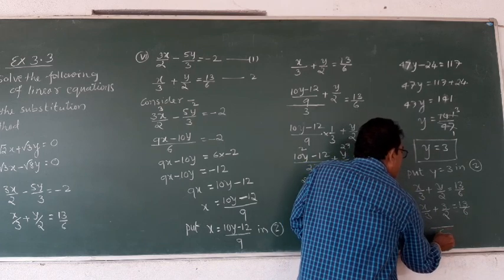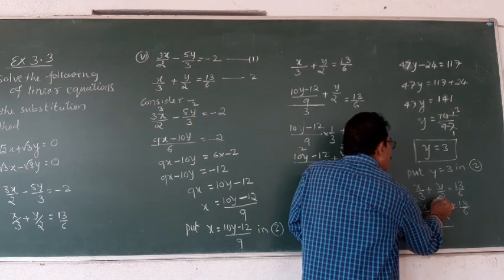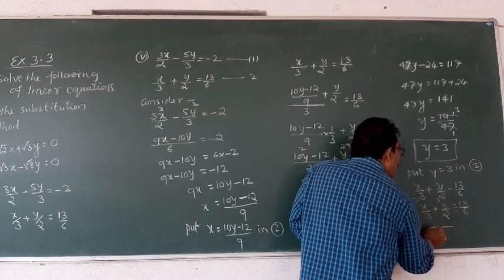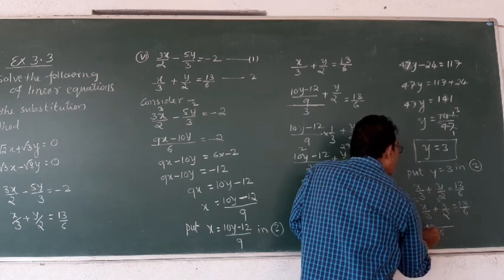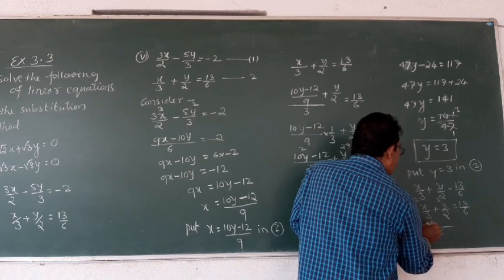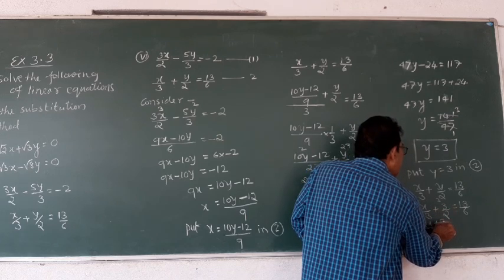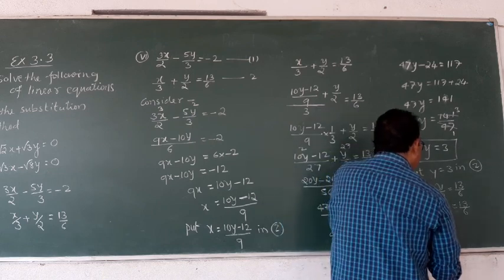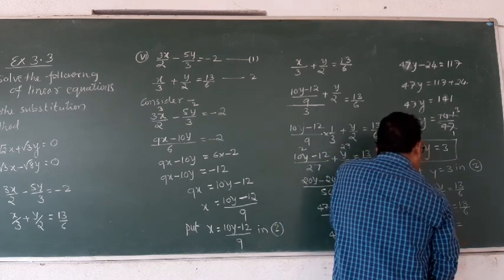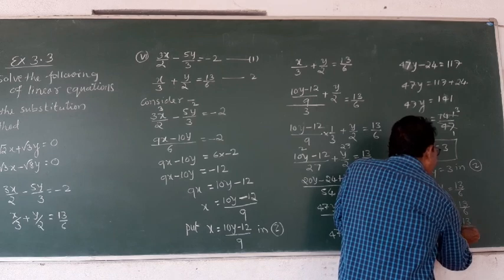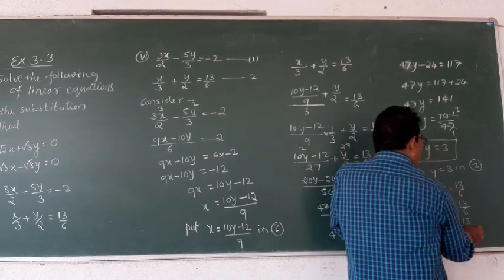Okay, LCM 6. 3 2s are 2 3s are. So 2x plus 3 3s are 9 equals to 13 by 6.